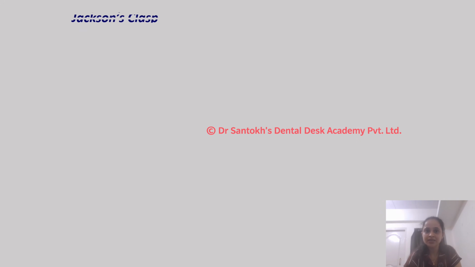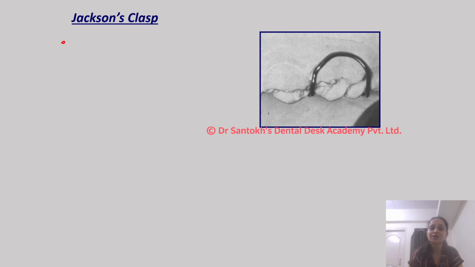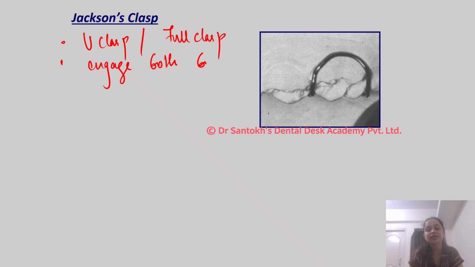Next is the Jackson's clasp. Any guesses for what is the other name of Jackson's clasp? Yes, it is also known as the U clasp or full clasp. It is used to engage both the buccocervical undercuts. It is also used for retention purpose. So this is the Jackson's clasp or the U clasp.